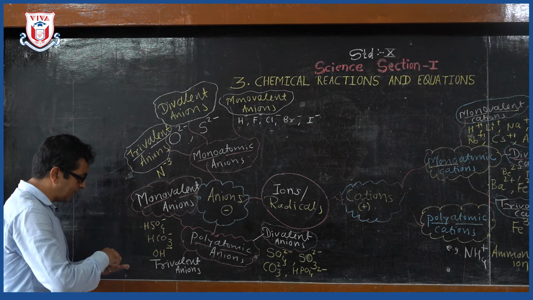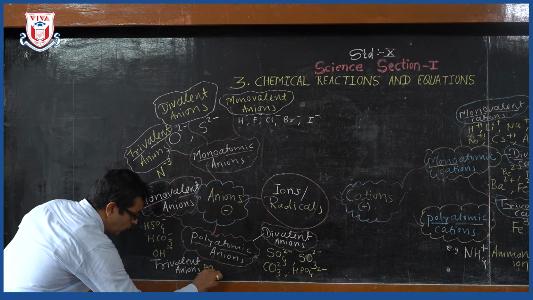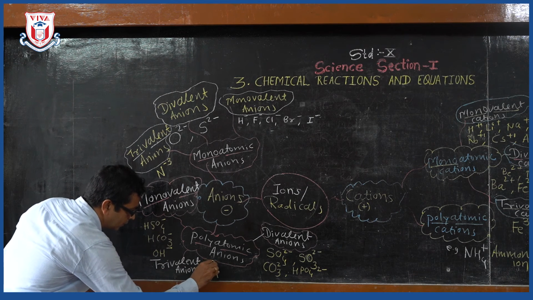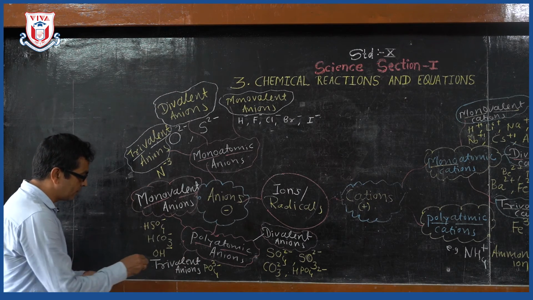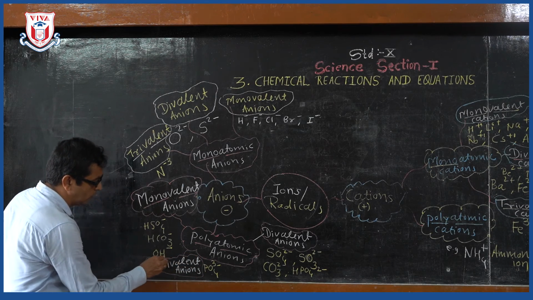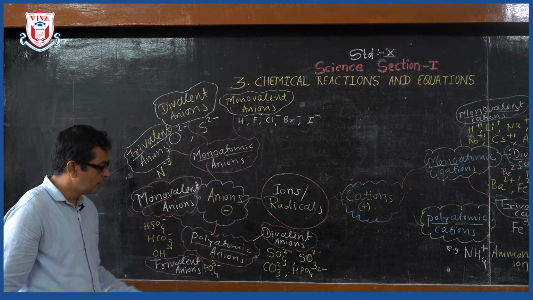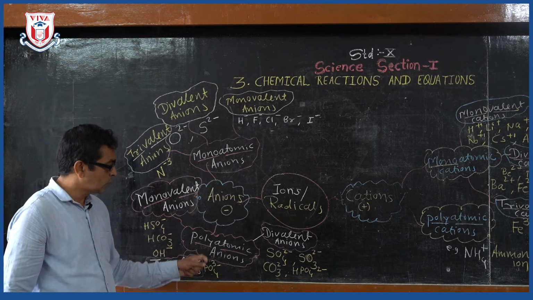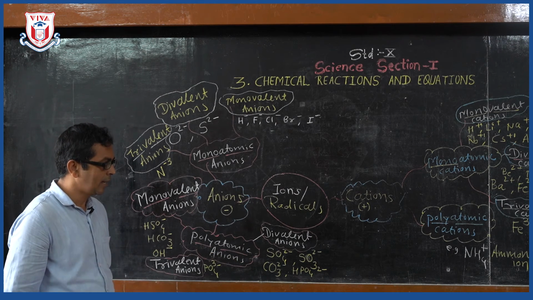Example here I can write as PO4 3 minus. This is the example of trivalent. Trivalent means valency is equal to 3, and since it has more than 2 atoms, it's called polyatomic having negative charge, so it will be the ions.